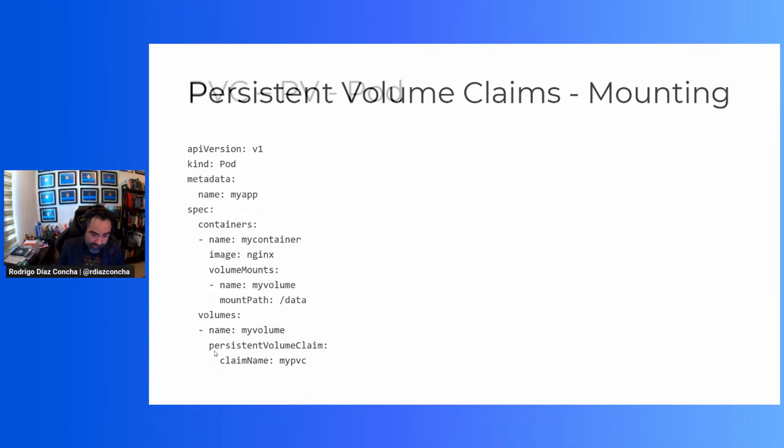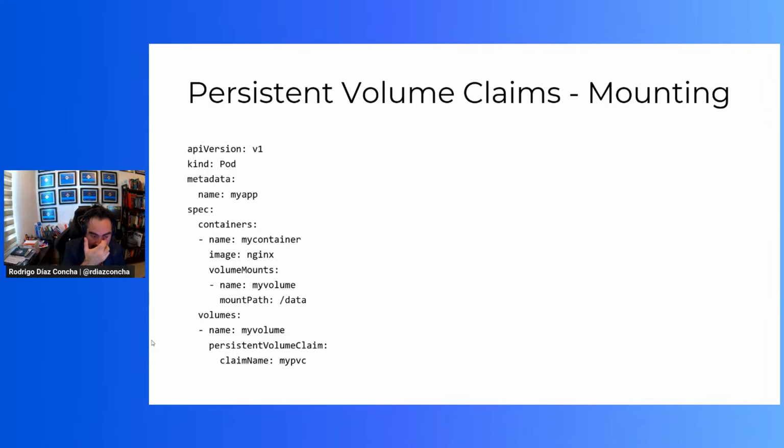So you use this and you specify the name of the claim, the name of the PVC that you want to use in this particular pod. And then you use the volume mount as usual, right? So this is mounting the PVC, which is bound to a particular PV, inside this data path. Make sense?